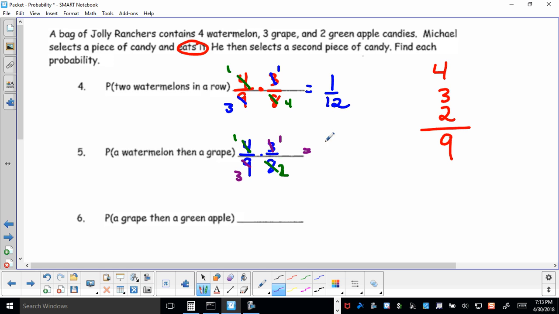So I have a 1 in 6 chance there. All right, how about the probability of a grape then a green apple? Well, I have 3 out of 9 and 2 out of 8, which is really 1/3 times 1/4, which is a 1 in 12 chance.